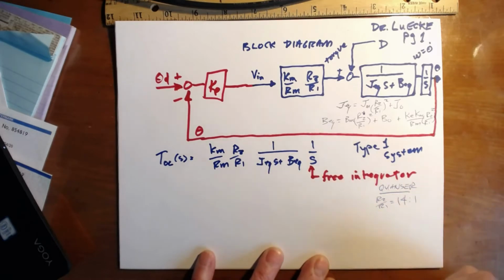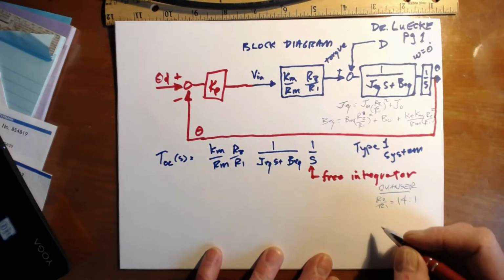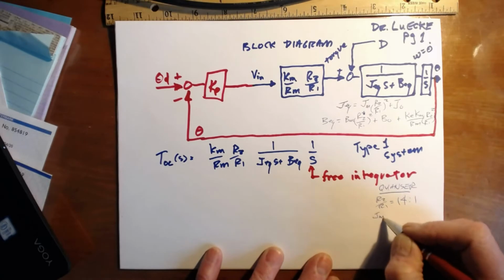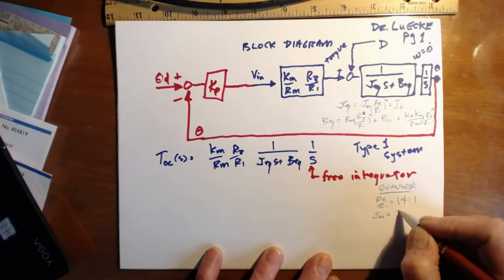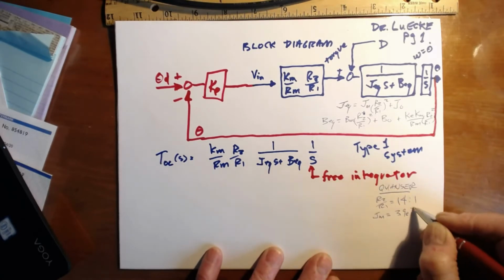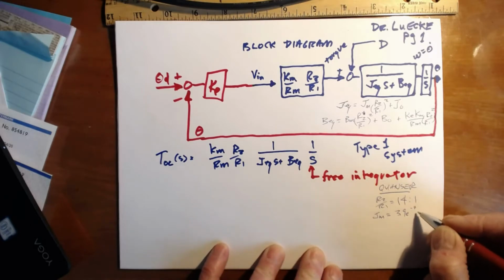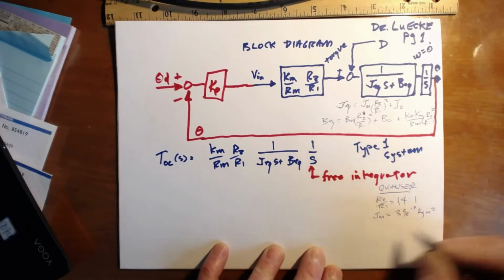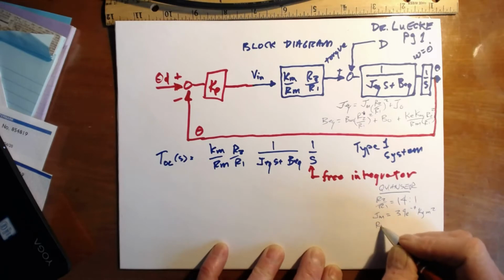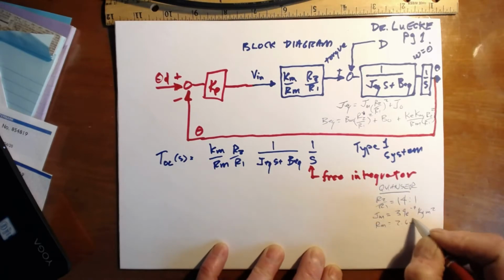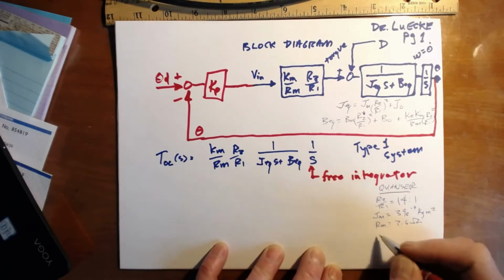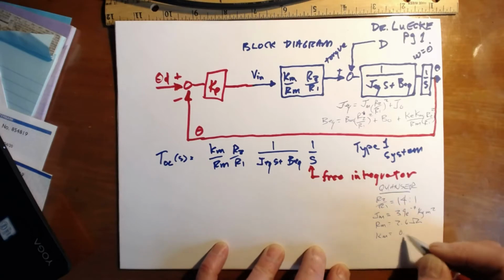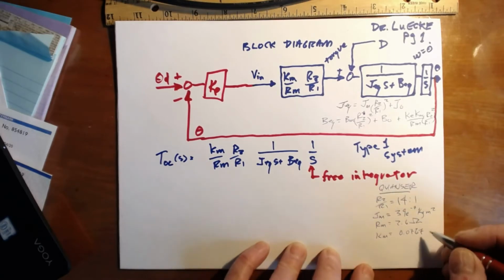That's the gear ratio. The motor inertia is 3.9 E minus 7, in kilogram meters squared. The resistance on the motor is 2.6 ohms. Km is equal to 0.0767, in Newton meters per amp.